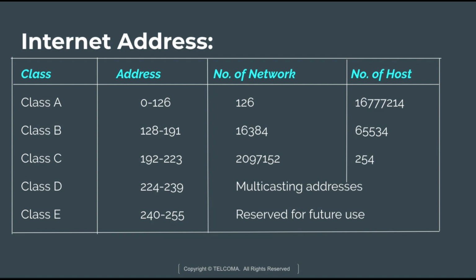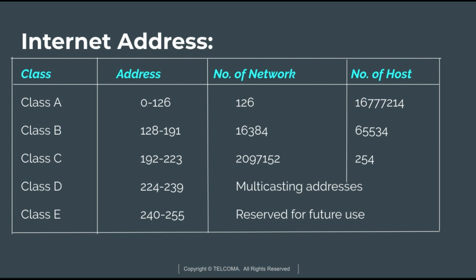After that in class B, the address ranges between 128 to 191, and the number of networks is around 16,000, whereas the number of hosts is around 65,000.